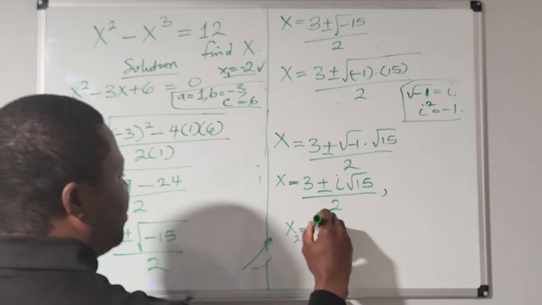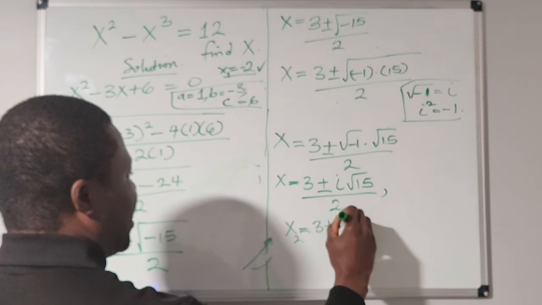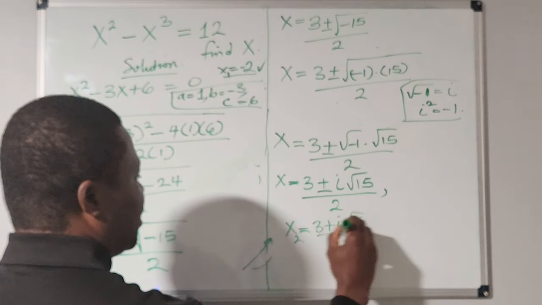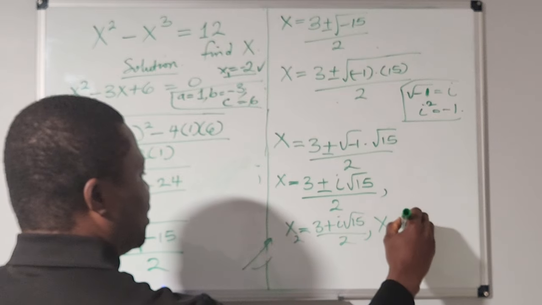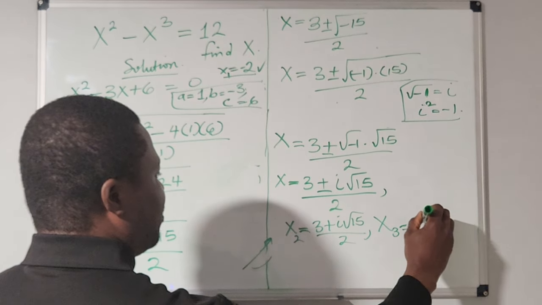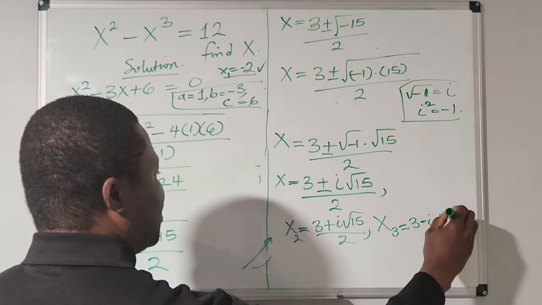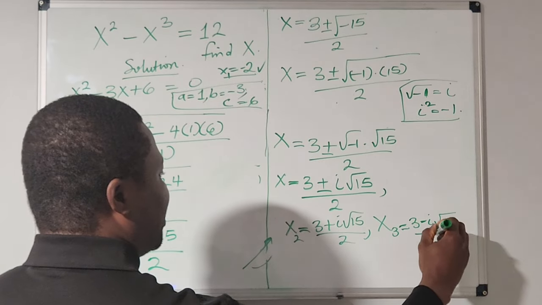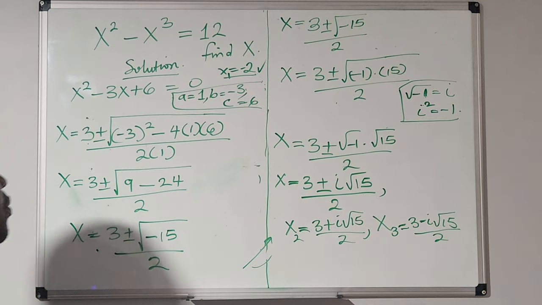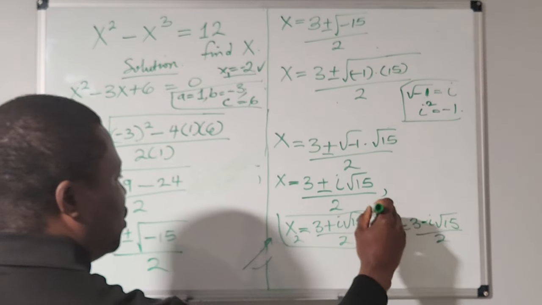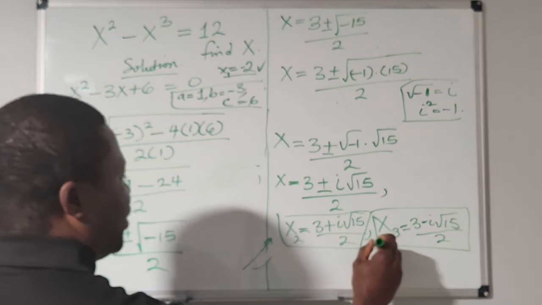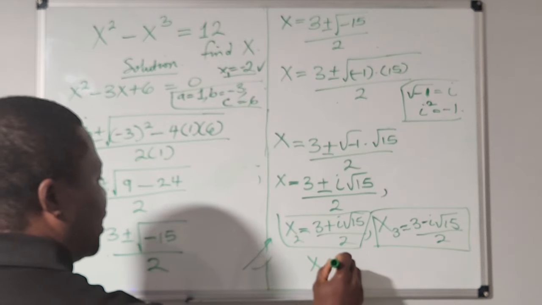This becomes 3 plus i root 15 divided by 2. And our x3 is 3 minus i root 15 divided by 2. And these are the solutions for x2 and x3. Then the x1 is minus 2.